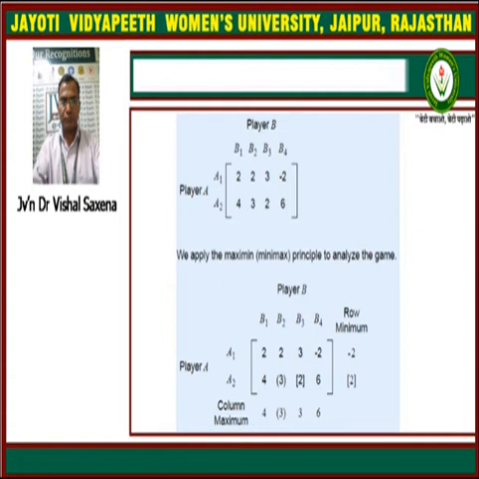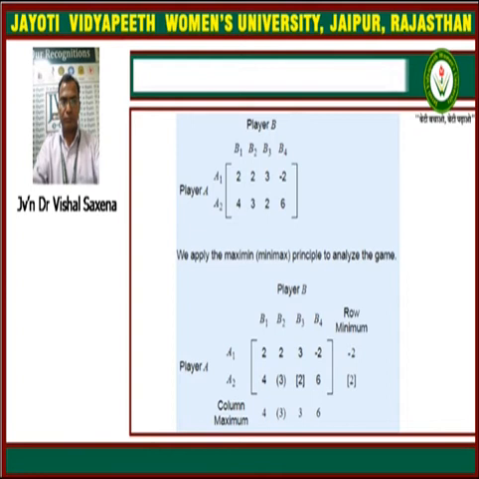So the maximin value is +2, while the minimax value, the minimum of the column maximum values, is 3.